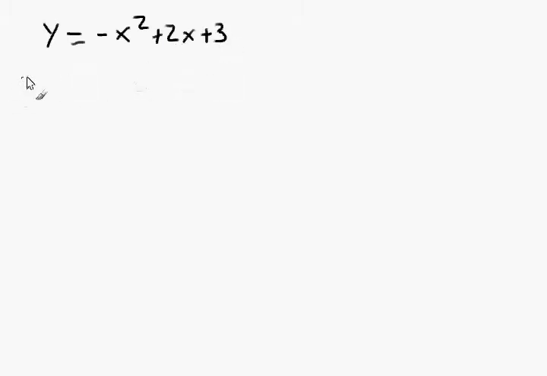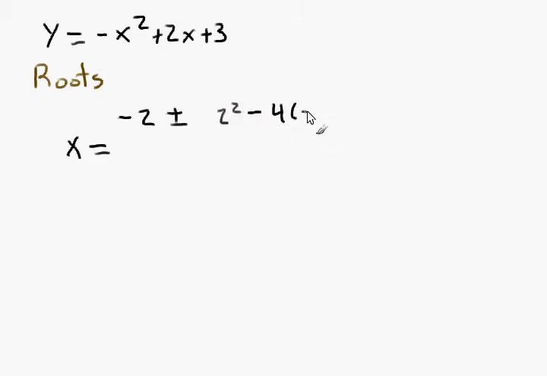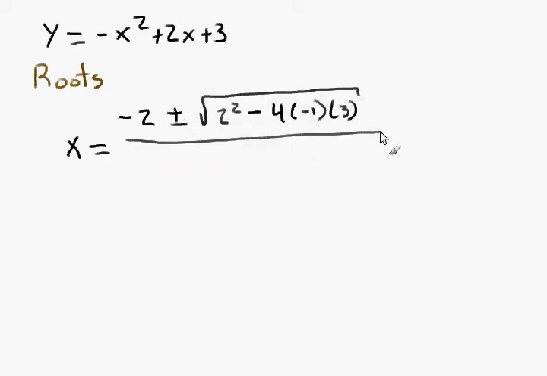First things first, we're going to find the roots. So x is going to be equal to -2 plus or minus the square root of 2 squared minus 4 times -1 times 3, divided by 2 times -1.